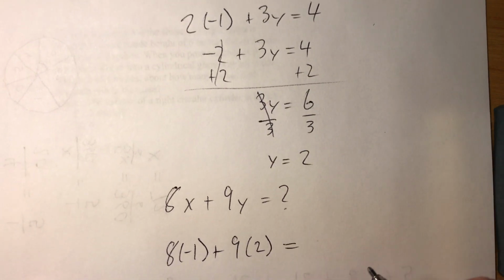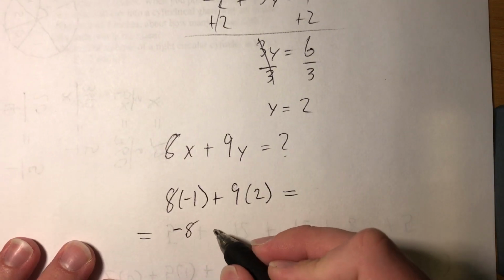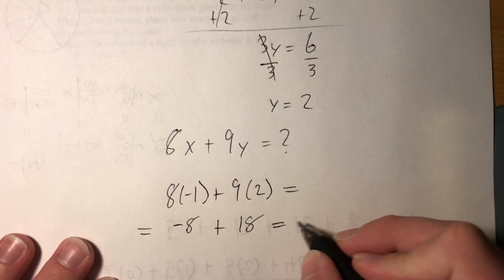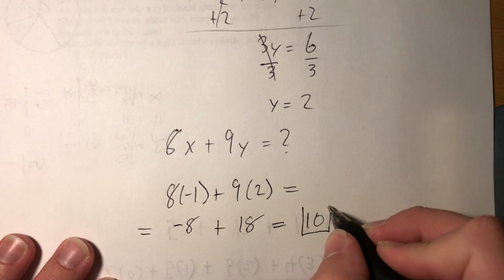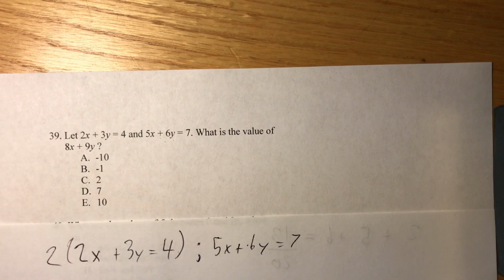What does that equal? Well, that just equals -8 plus 9 times 2 is 18, which equals 10. 18 minus 8 is 10. And let's check if that's an answer. And it is. Answer E. Perfect.